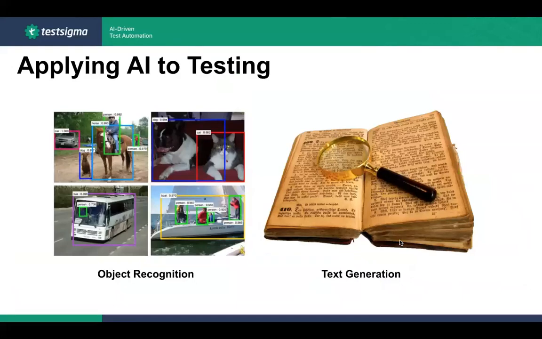Now let's speak about where the industry is currently using AI in automation testing. There are two major parts. One of them is object recognition. Every single application that you see on your phone, whether it be an Android APK application, an iOS application or a web application, the way the industry has currently tried to solve the automation testing problem is using object recognition.